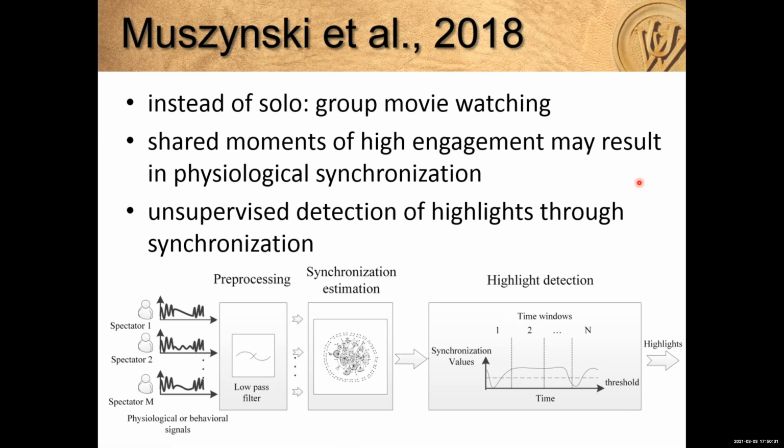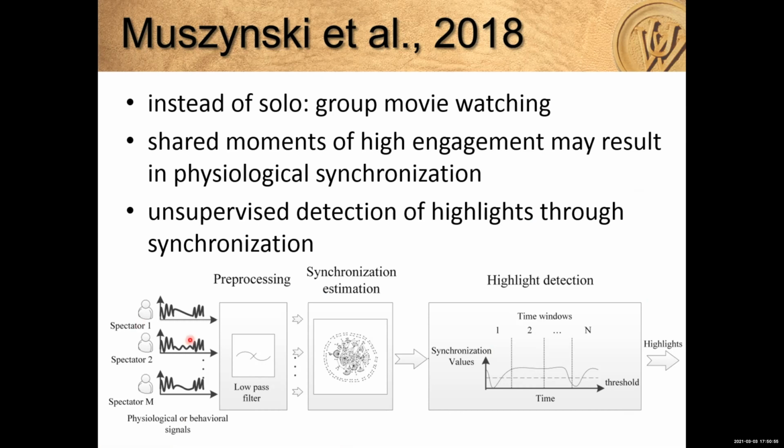You would expect, okay, the majority of them are going to show a peak in brain activity, skin conductance, whatever, when something interesting happens. And we could use that to estimate, oh, this is the most exciting part of the movie. So that's what happened in this study.